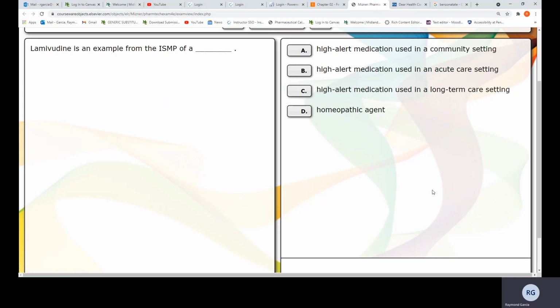Lamivudine is an example of ISMP of a high alert medication used in the community setting. High alert medication used in an acute care setting. High alert medication used in a long-term care facility. Homeopathic agent.